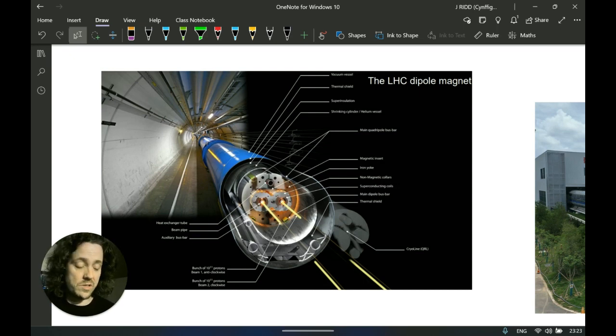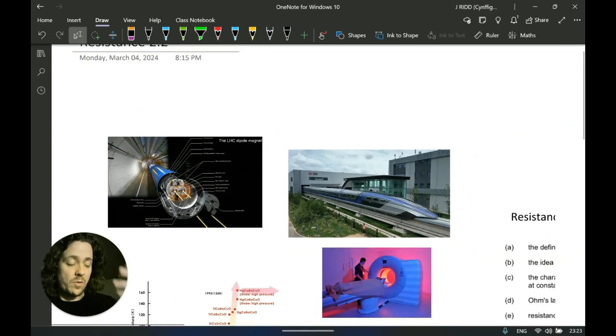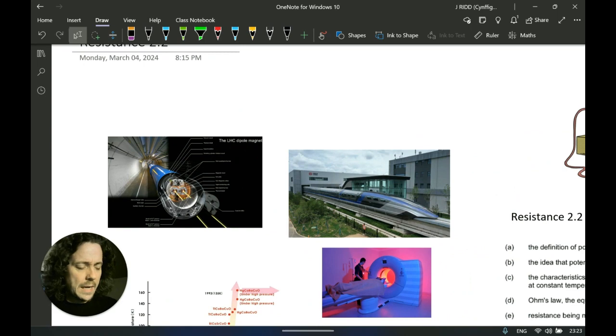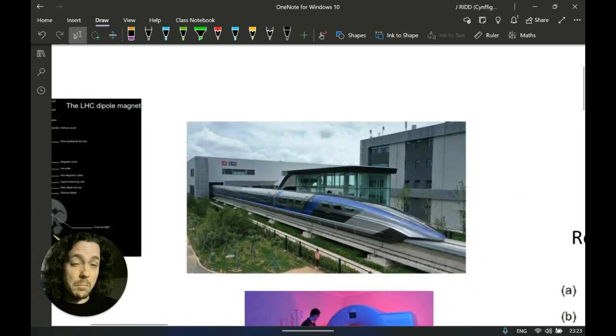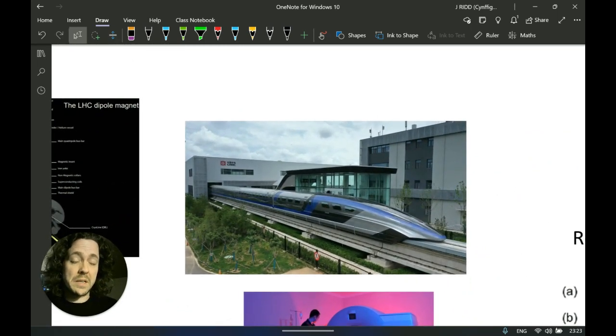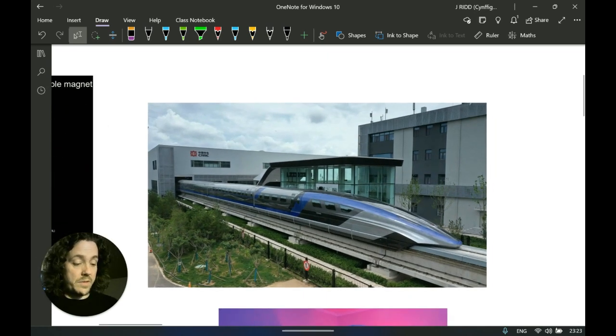So one of the applications is you can use superconducting magnets in particle accelerators. This is kind of cool. Maybe one day we'll have maglev trains, so trains with virtually no resistance or friction because they are levitating effortlessly above.